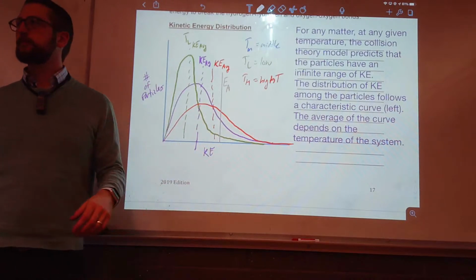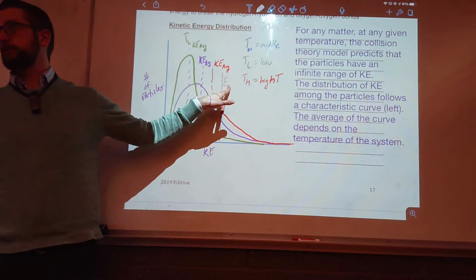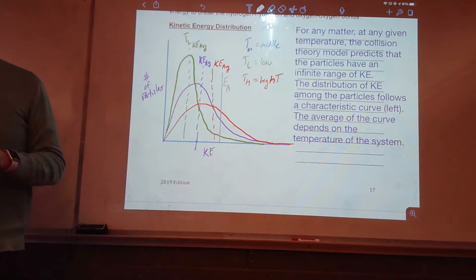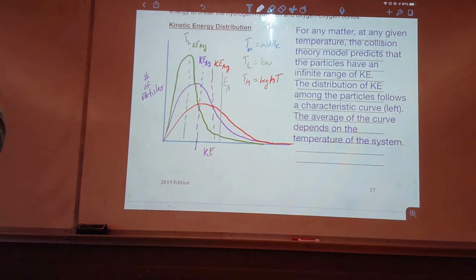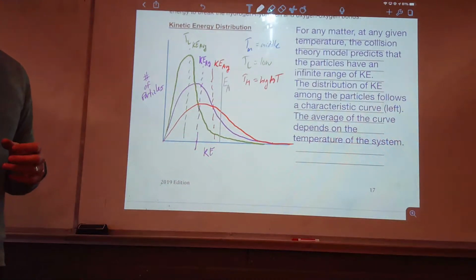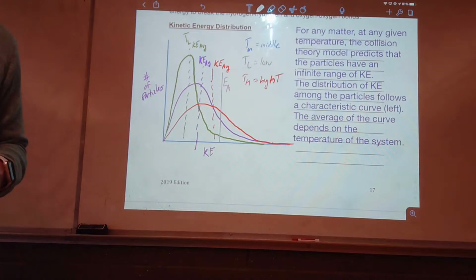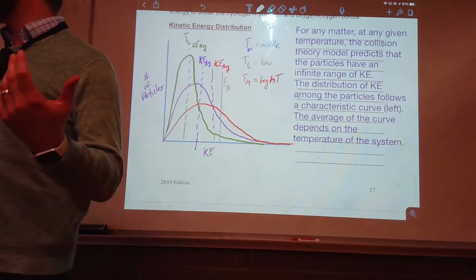Let's see. Activation energy. Shouldn't it be AE? It's an energy of activation. Okay, you're going to have a lot of E's to compare.